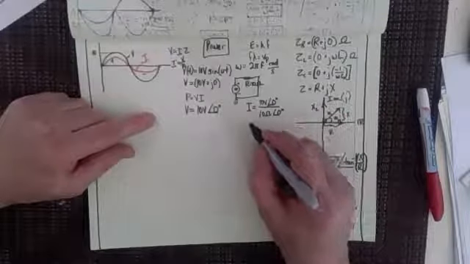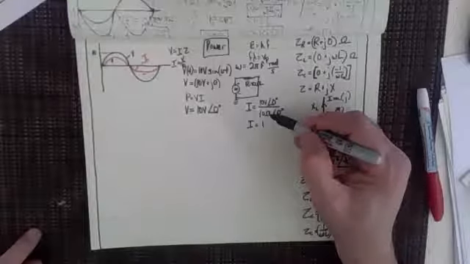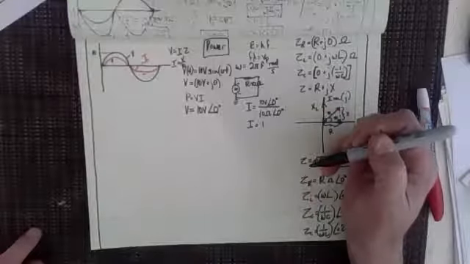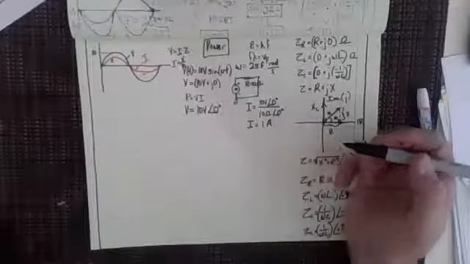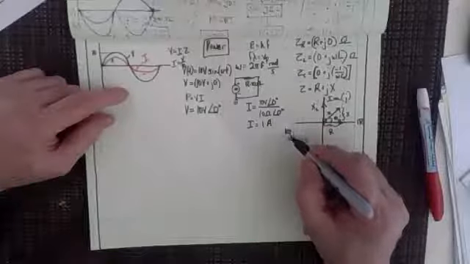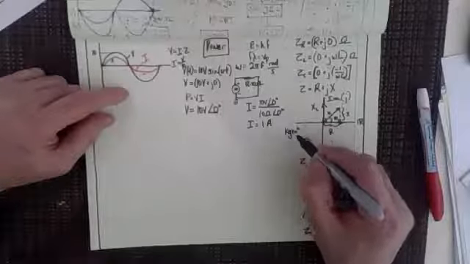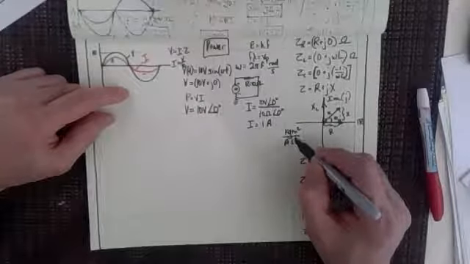So we know the current then is going to be 1. And what would it be? Volts divided by ohms, that gives us amps, doesn't it? And how do I know that? Well, I know that a volt is a kilogram meter squared over amp seconds cubed.